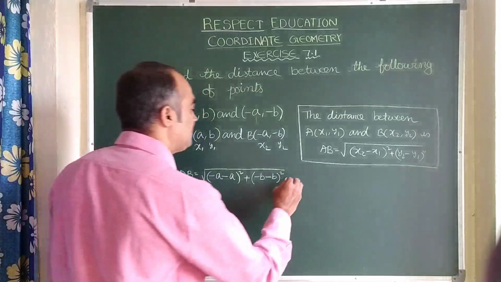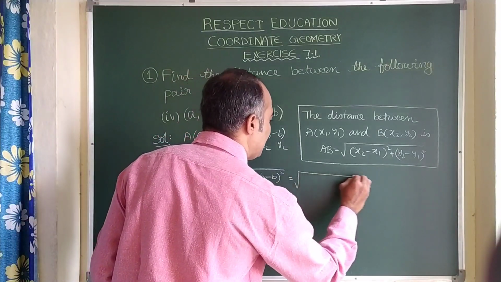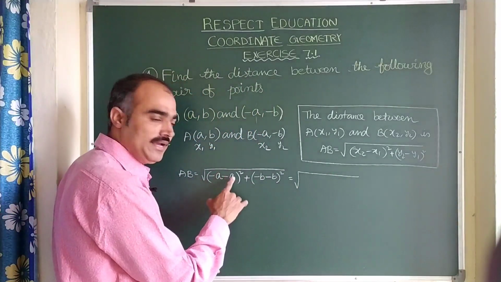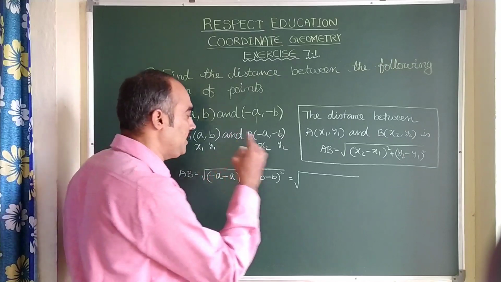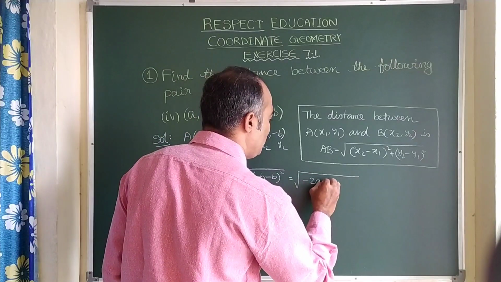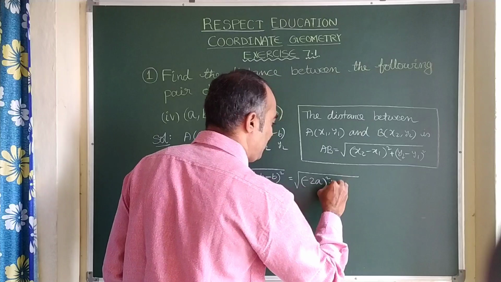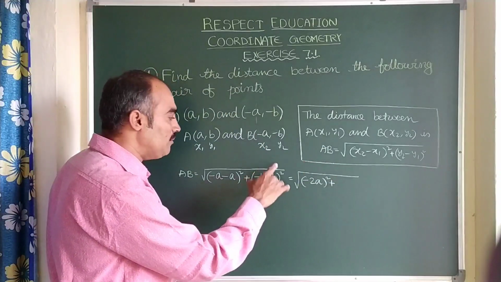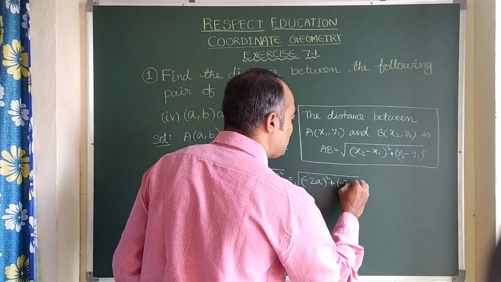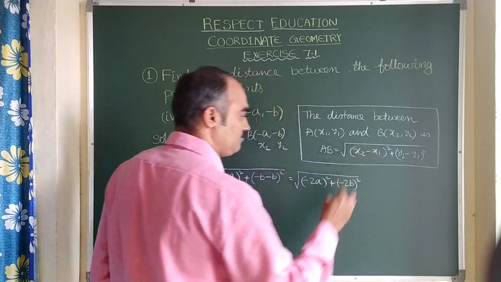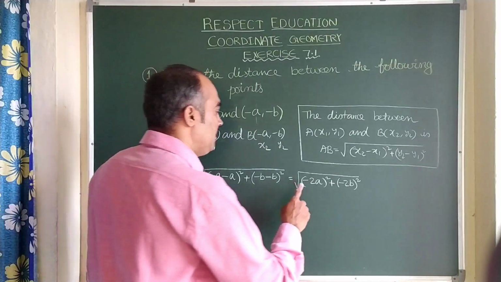Let us simplify this. It can be written as minus A minus A is minus 2A whole square plus minus B minus B is minus 2B whole square, right?